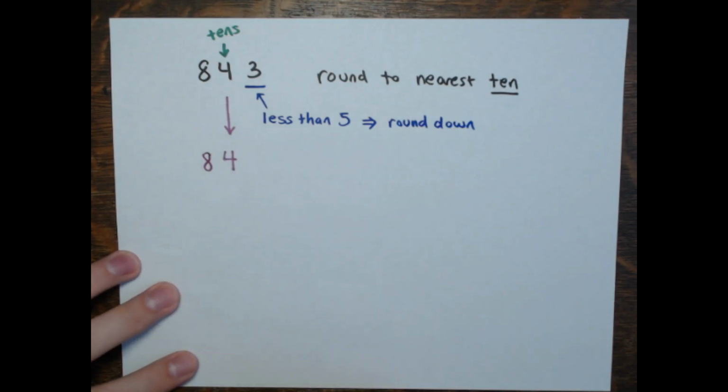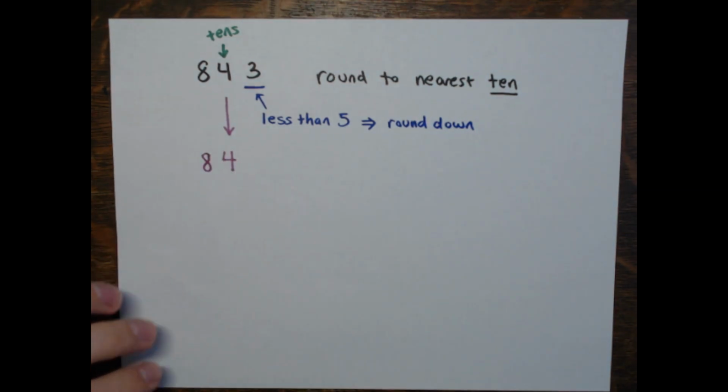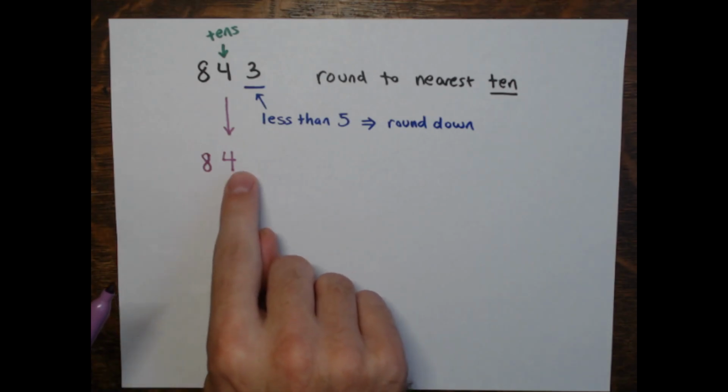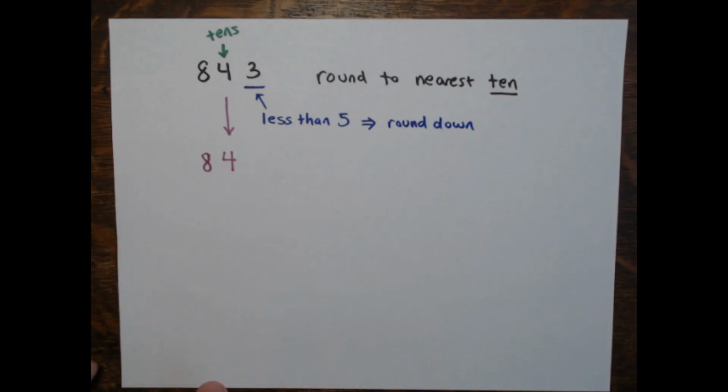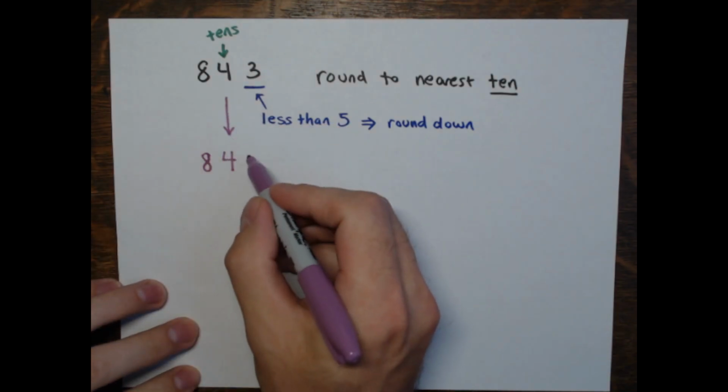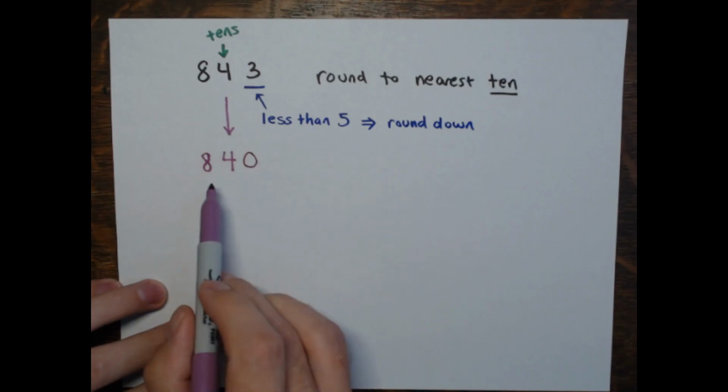So that will stay an 8 in the hundreds place. And then finally, step 4, replace all digits to the right of this given place value with zeros. So to the right of the tens here, we have 840.